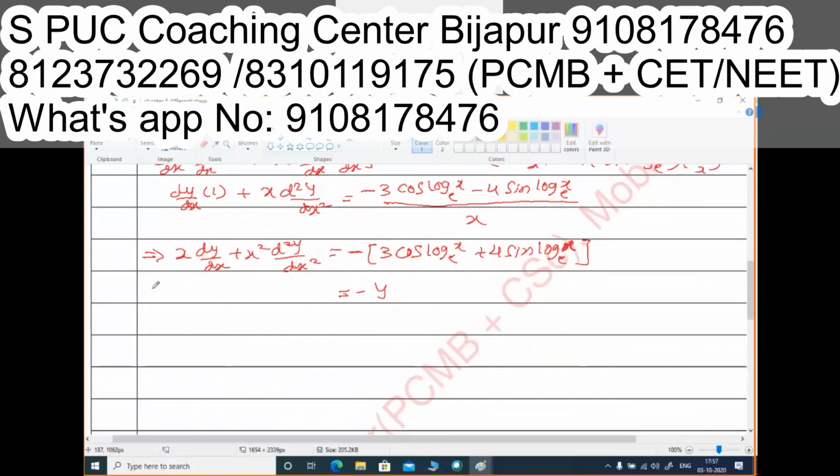So, the higher order term I am going to write first: x square d square y by dx square plus x into dy by dx. This minus you take to this side, and it becomes a plus y. Therefore x square d square y by dx square plus x dy by dx plus y equals 0. But he has not asked in this way.